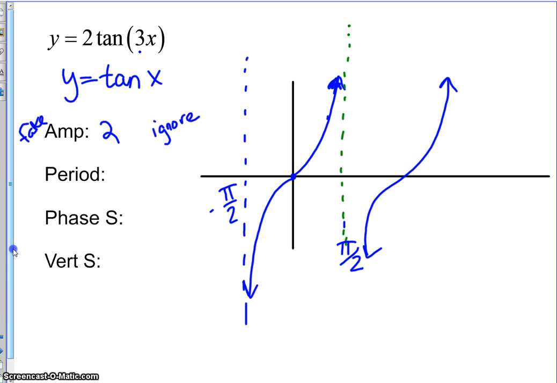The period, instead of being 2 pi divided by k, since it cycles in just pi, half of a regular period, is pi divided by k. So pi divided by 3. So instead of saying this usual 1 goes in this 2 pi, you're going to have 3 cycles in the same space.